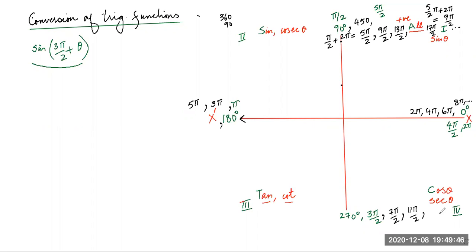Then 15 pi by 2, then 19 pi by 2. So I can say that pi by 2, 3 pi by 2, 7 pi by 2, 5 pi by 2, 9 pi by 2, 13 pi by 2 are all on the y-axis.